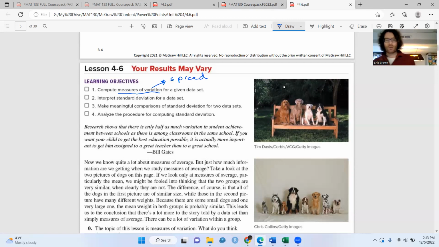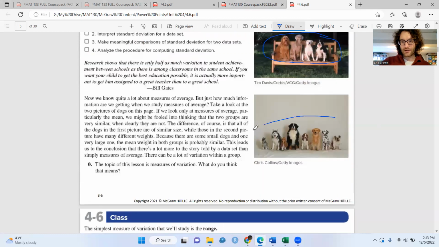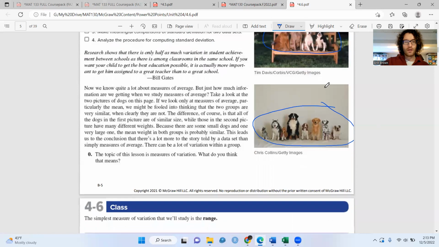We can talk about what's the center, and then how spread out the data values are, often relative to the center value. Take a look at these two pictures of groups of dogs. These dogs are all about the same size, and these dogs are kind of big and small. So there's a varied amount.